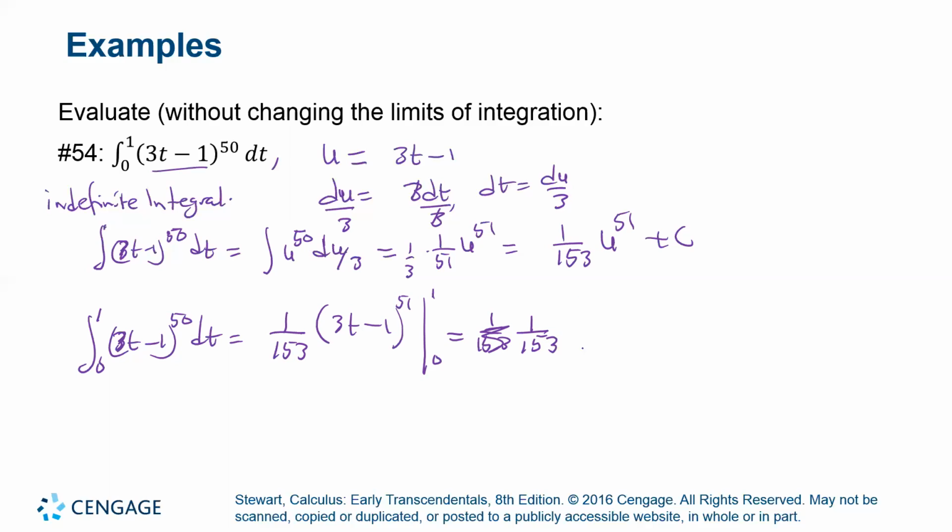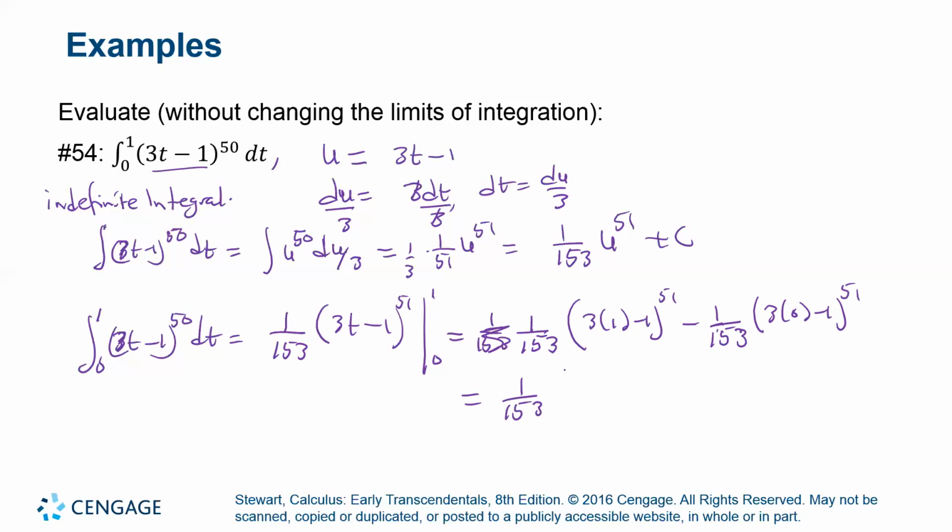When you substitute 1 into that, we have 3 times 1 minus 1 raised to 51, and then minus, we plug in 3 times 0 minus 1 raised to 51, over 153.